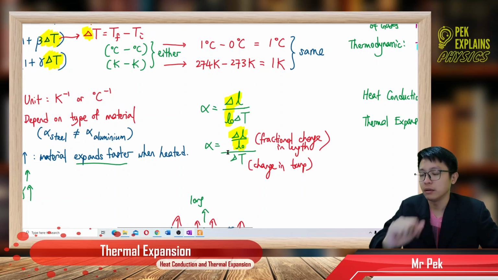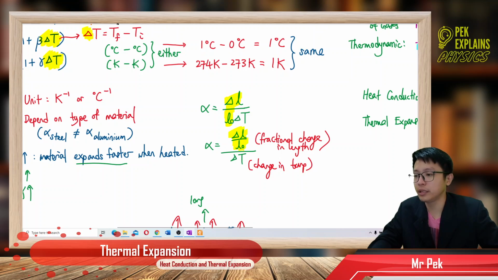Okay, so now let's talk about the unit. We have delta L, which is meter. L naught is also meter. Meter and meter cancel out. And change in temperature can have 2 units, degrees Celsius or Kelvin.